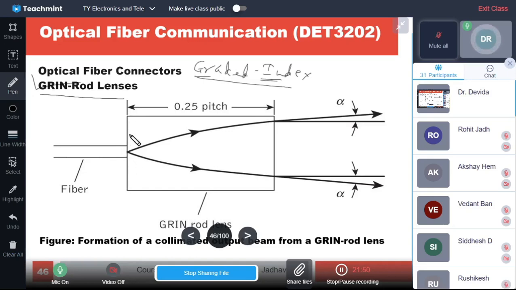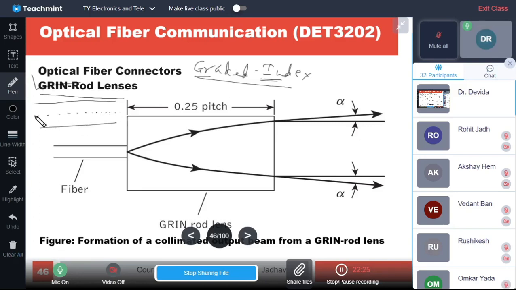There is a fiber, and there is a GRIN rod lens which may have 100 times more diameter. This GRIN rod lens has a pitch of 0.25. As we know, graded index fiber has a near parabolic refractive index profile.